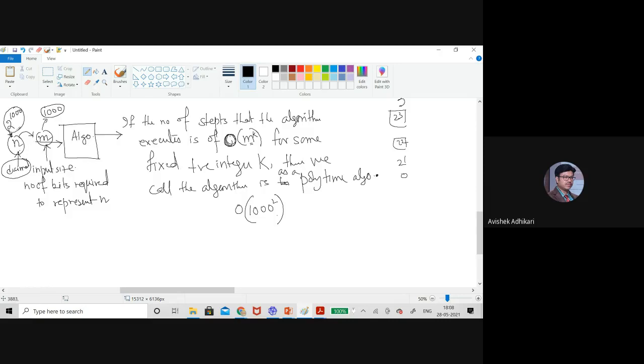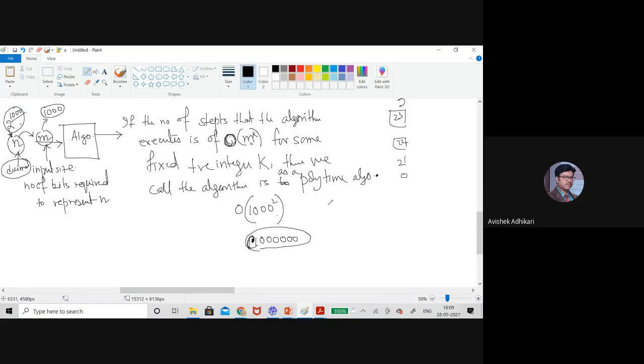Now you can understand that this is 2 to the power 1000 and this is say order m square. That means this is a very small number compared to 2 to the power 1000. There might be some constant, say c into this, but that also is very small compared to this. That's why this kind of algorithms are known as very efficient algorithms.